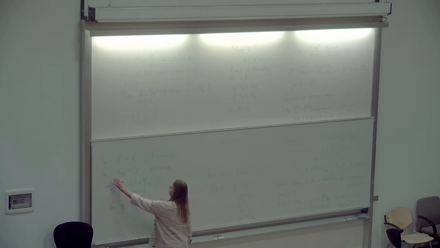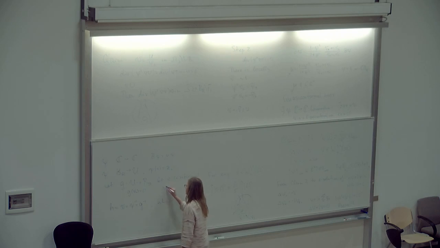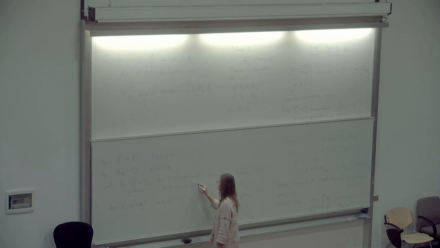We'll never think about this function, we will always think about the composition of those two, because the composition of those two is also K quasi-conformal. It's a composition of a quasi-conformal and a conformal map.